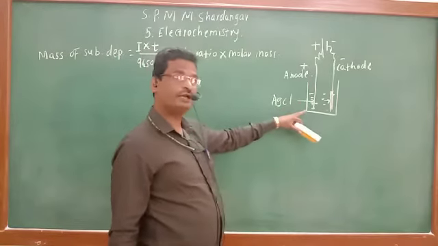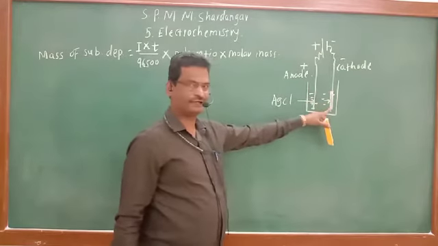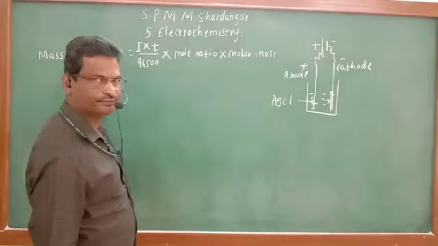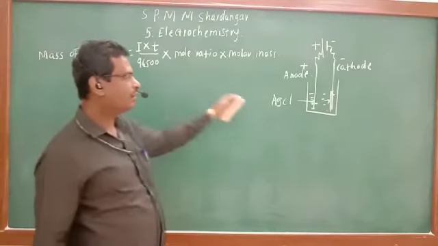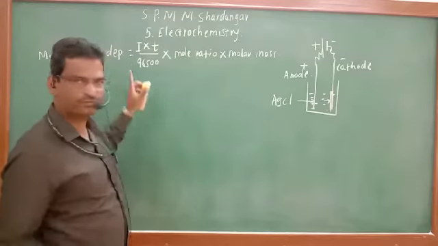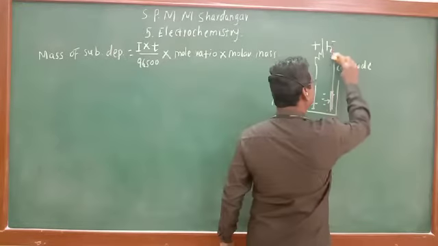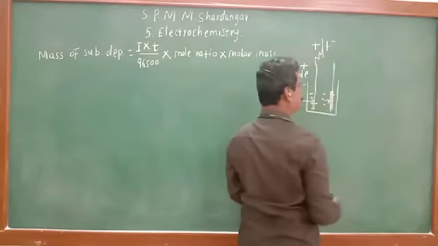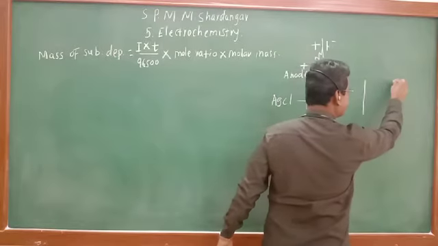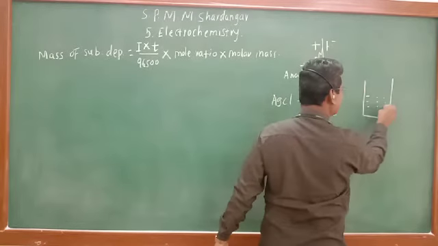So, whenever only one electrolyte solution is electrolyzed, the mass of silver deposited, or the chlorine gas evolved, is calculated using this formula. But instead of one solution, if there are two solutions connected in series, this is one solution, and now in another beaker there is another solution.